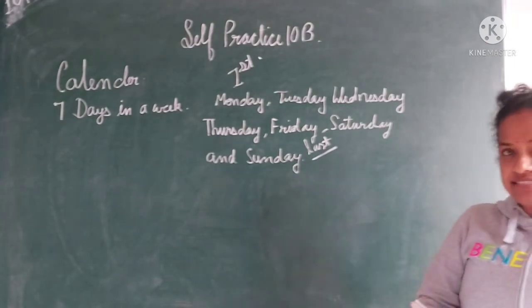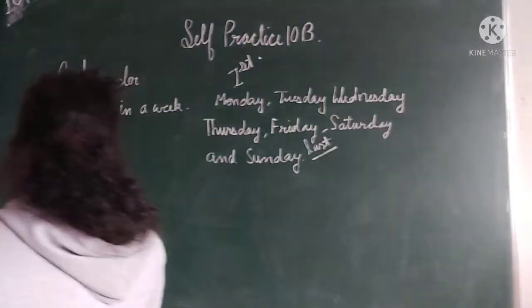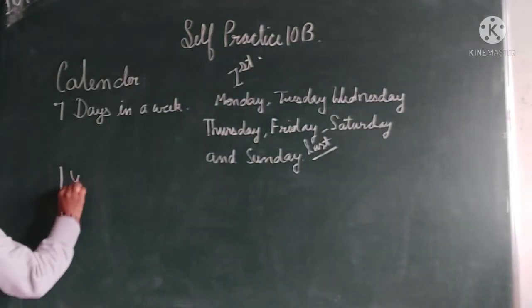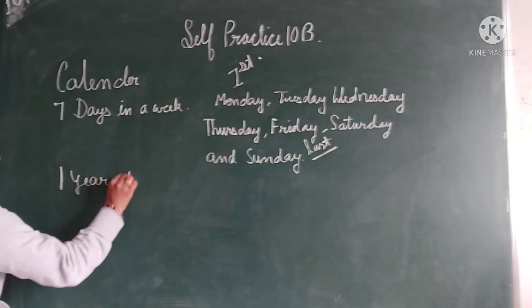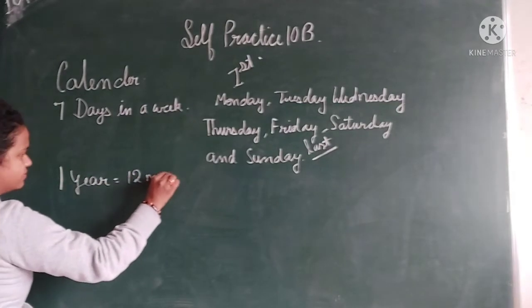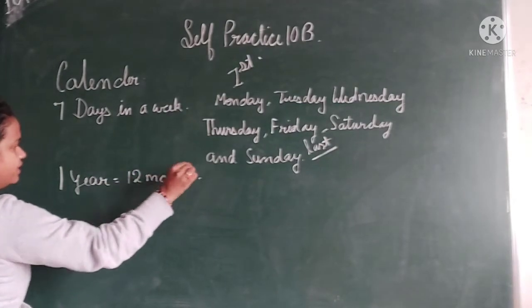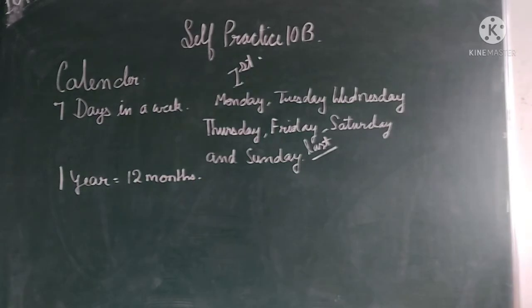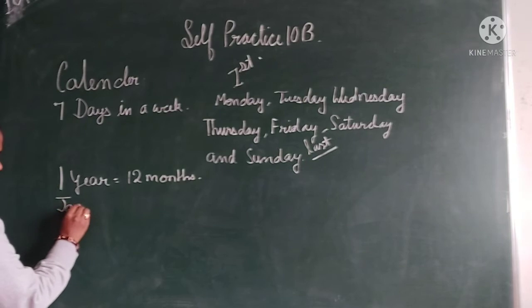Now, next, how many months are there in a year? 1 year is equal to how many months? 12 months. 1 year is equal to 12 months. And what are the names of those months?